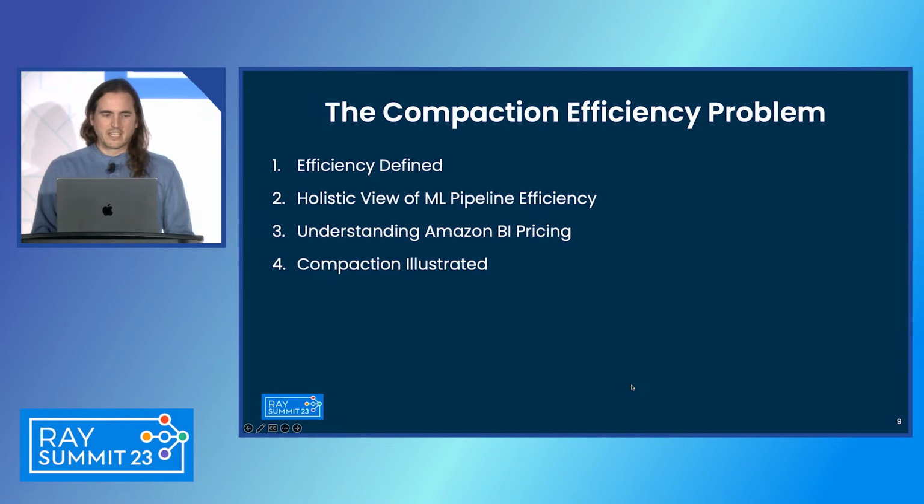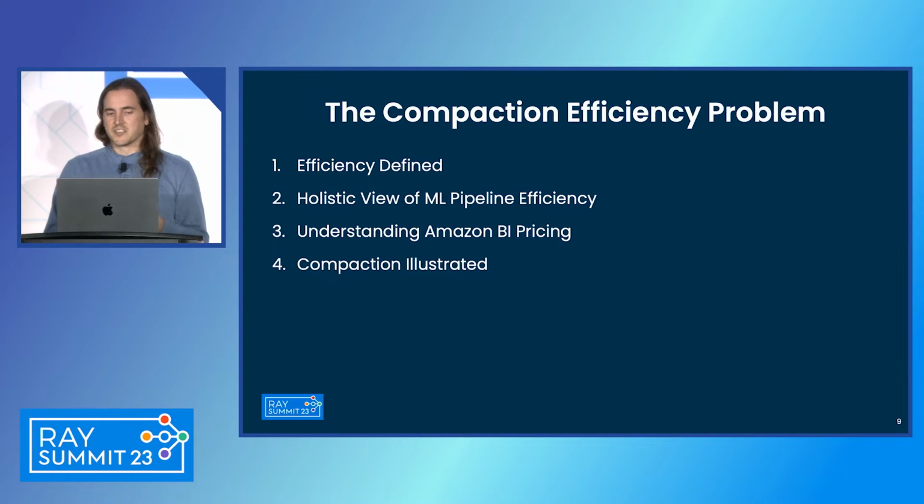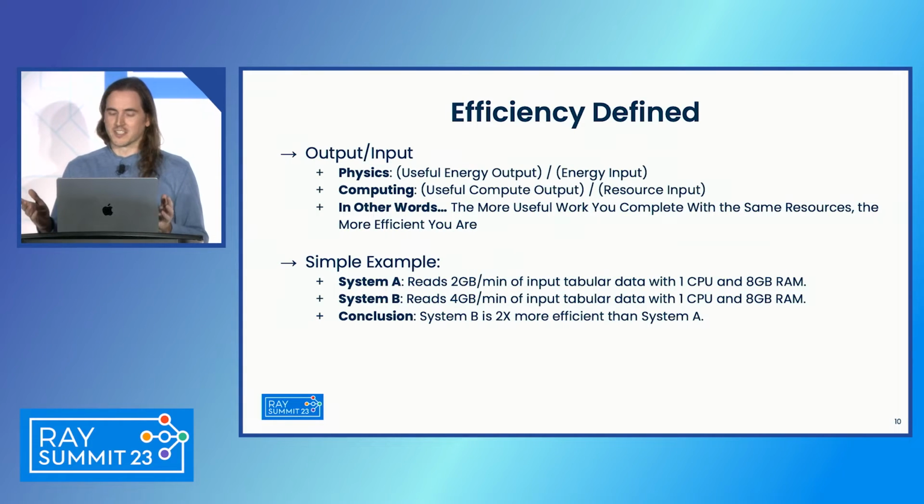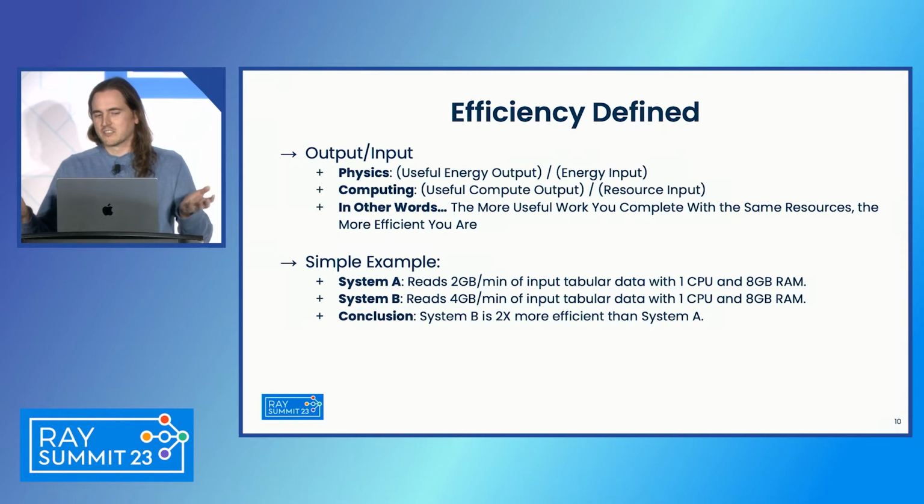And if we get into our particular problem that we're solving here and talking about, it is this fundamental compaction efficiency problem. So we'll start out with a simple definition of efficiency. I think the oldest definitions of efficiency go back to physics, which just says, hey, it's useful energy output divided by energy input. Another general definition in computing, I'd say, well, it's useful computing output divided by the resources you input into it. So basically, the more work you can do with the same resources, the more efficient you are.